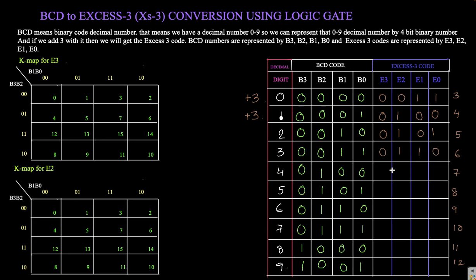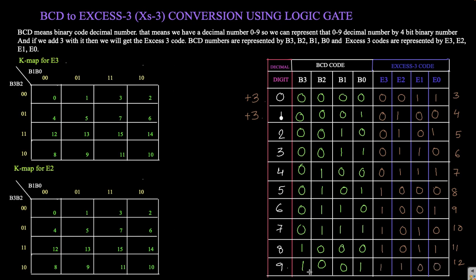Then 6 becomes 0 1 1 0, then 7 becomes 0 1 1 1, then 8 becomes 1 0 0 0, then 9 becomes 1 0 0 1, then 1 0 1 0 that is 10, then 1 0 1 1 that is 11, and 1 1 0 0 that is 12.